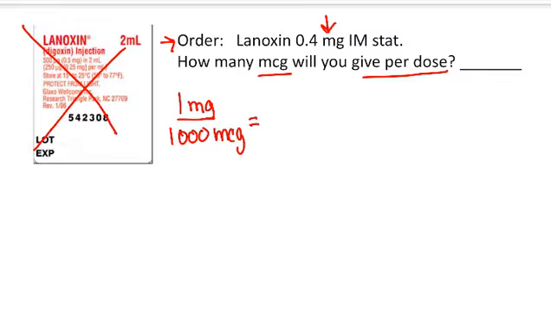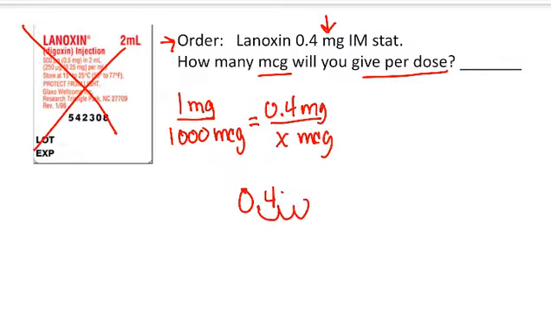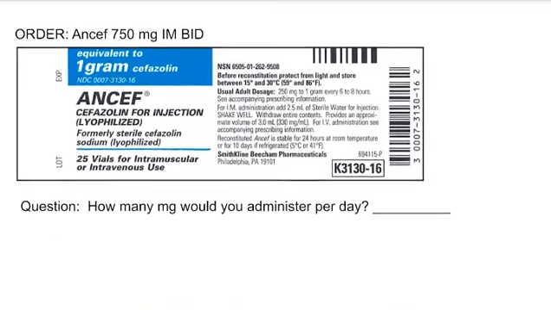I can set this up as a ratio proportion, or I can just multiply 0.4 by 1,000, because that's what this ends up being. X equals 0.4 times 1,000. So micrograms per dose is 400 micrograms. Okay.